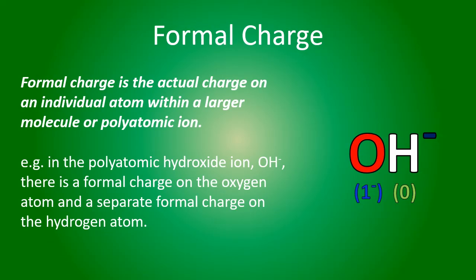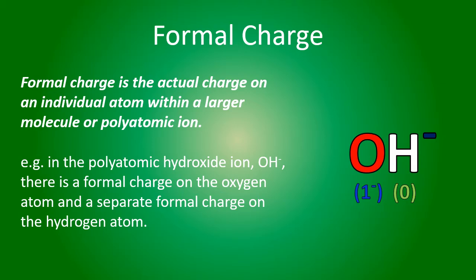So what we need to consider is what these formal charges actually mean. The formal charge is the charge on the individual atom within the molecule or the ion, here it's called a polyatomic ion. So lots of words, but basically you should be able to work your way through.